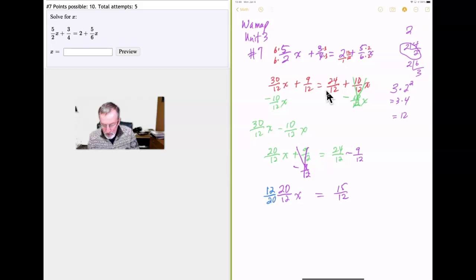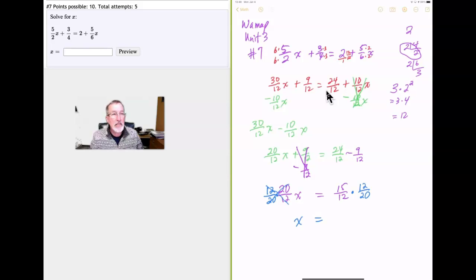So we're just going to say 12 twentieths times 20 twelfths x, and we have to multiply both sides by that same number. And then these cancel out, right? You're going to get 1 over 1, which is 1. You get x, basically.